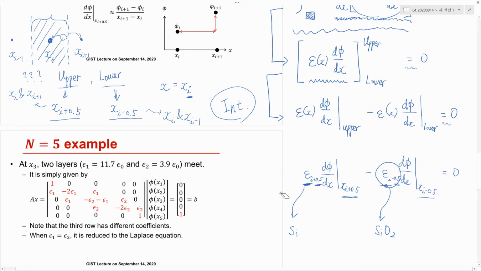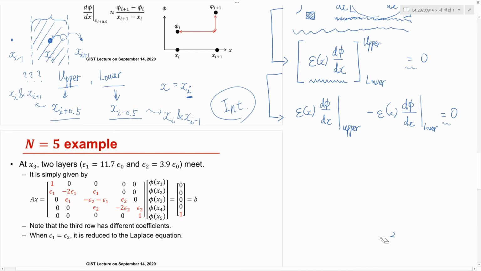Let me summarize. Simply speaking, we are working with the integrated form of our generalized Poisson equation.